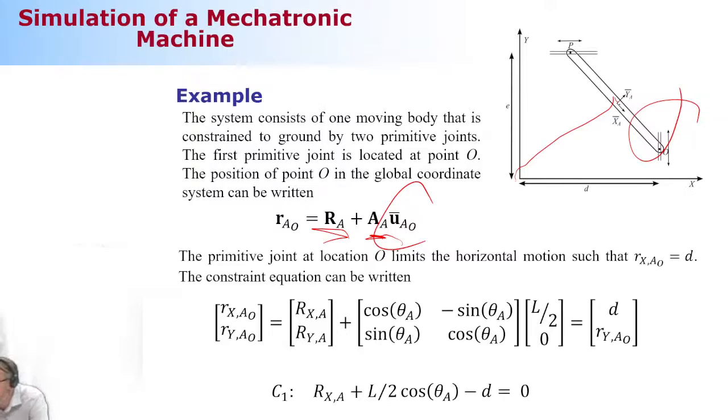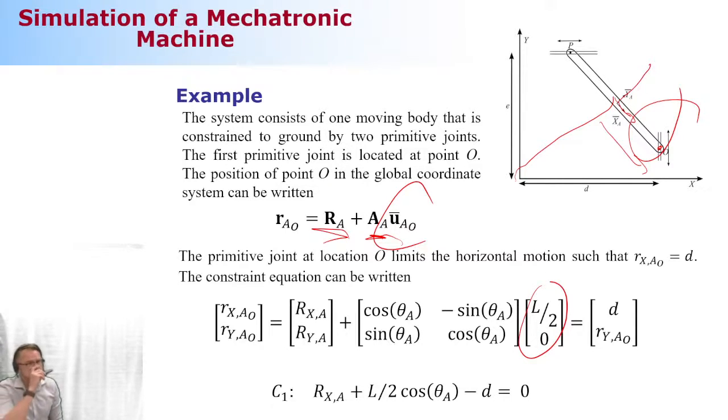Here, your x-axis is pointing downwards. How much do you need to travel along the x-axis? The length of the body is L, so it's L divided by 2. What about the other direction? 0, because you're already at your final destination. So that's your vector u bar.